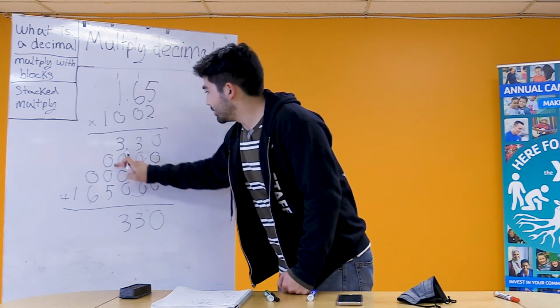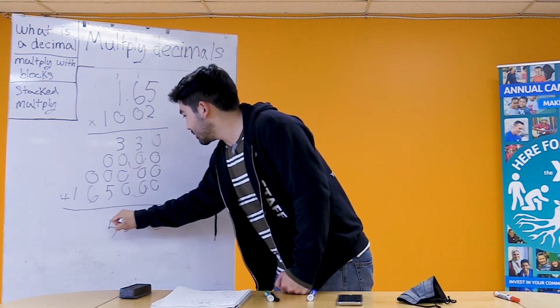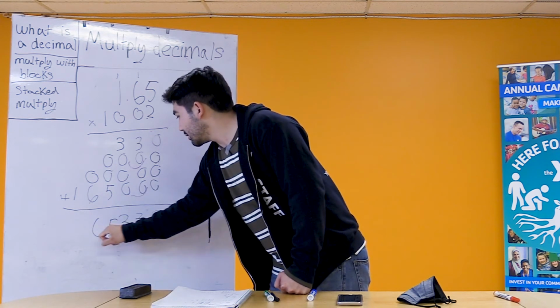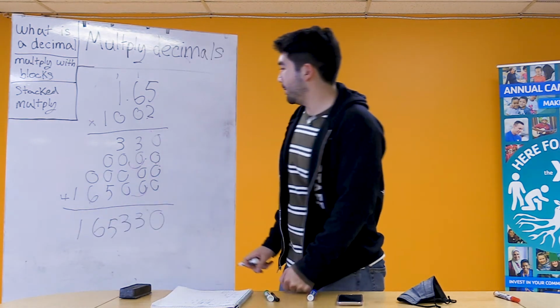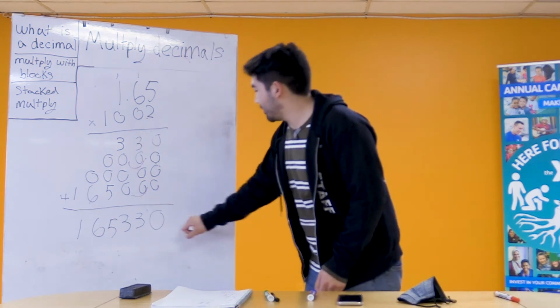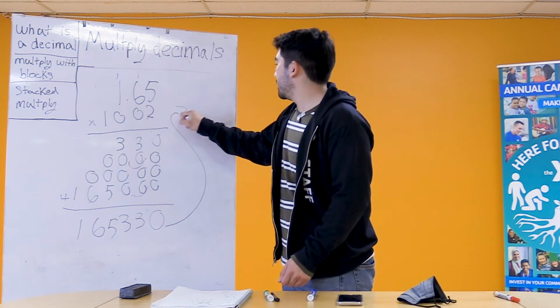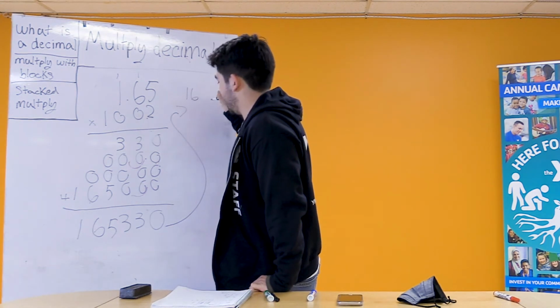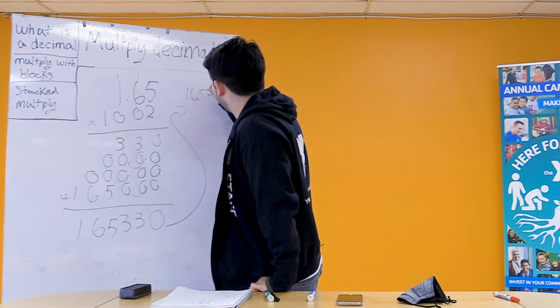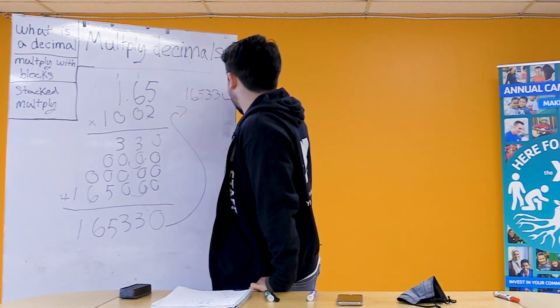Also 3, 0, 0, 5, just 5. 0, 6 is 6. And nothing and 1. There we go. You should be able to see that. I'm actually going to write it back up here just so we can see. So we have an answer of 165330.